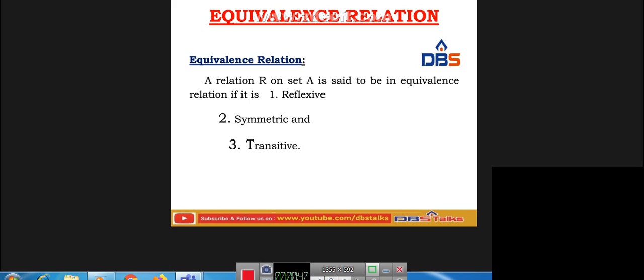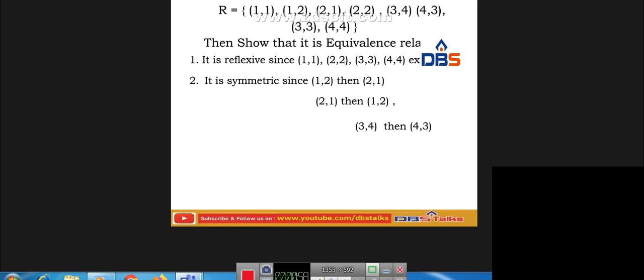The three properties are reflexive, symmetric, and transitive. For example, capital R equals {(1,1), (1,2), (2,1), (2,2), (3,4), (4,3), (3,3), (4,4)}. Now we can show whether the given relation is equivalence or not.